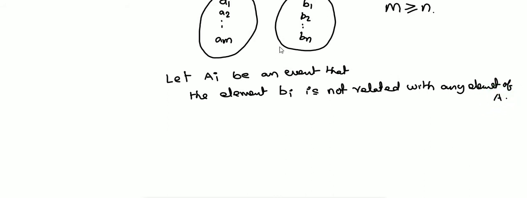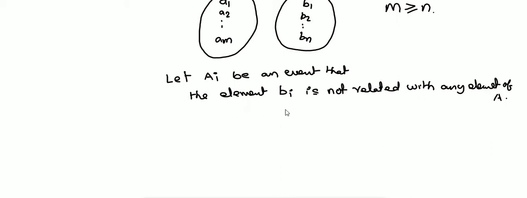Now I have taken Ai to represent a function in which the element bi does not have any pre-image. We can generalize for i equal to 1, 2 and so on n.